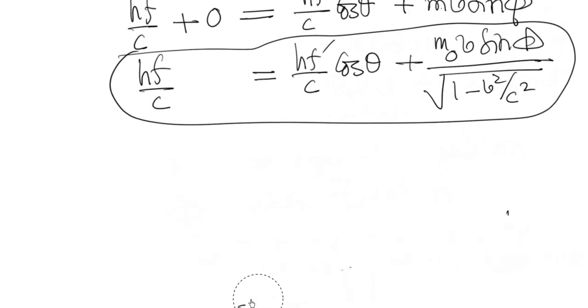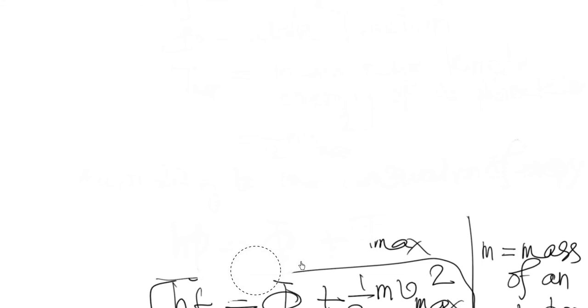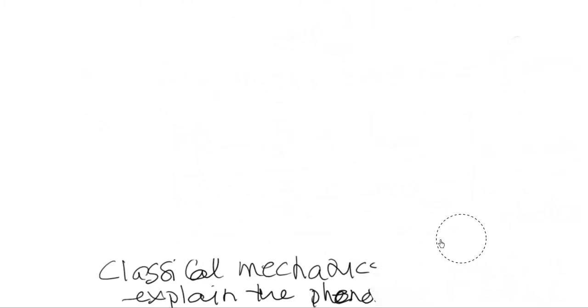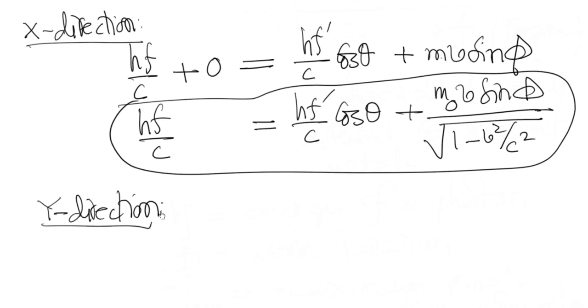Now along the y direction, the linear momentum of the photon is 0 because the photon is moving along the x direction, and the electron is stationary, so 0.